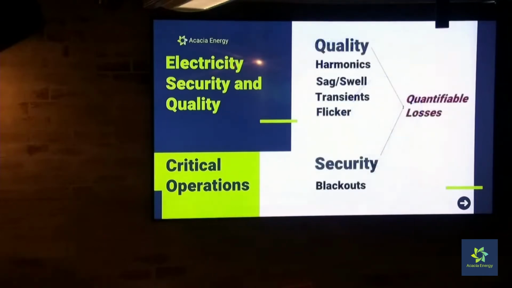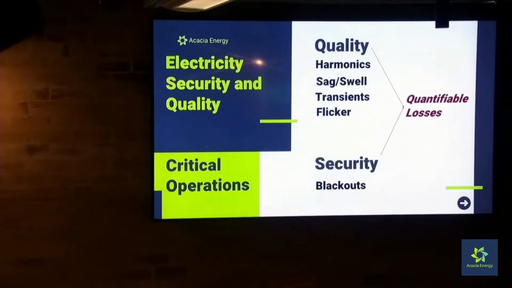All that was a little bit academic, so if that went over your head, I apologise, but where we get to is where the quantifiable loss is, where these things cause issues, what you can do to resolve these issues, and what the best practice is to getting to a solution.